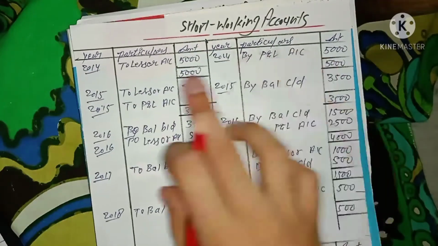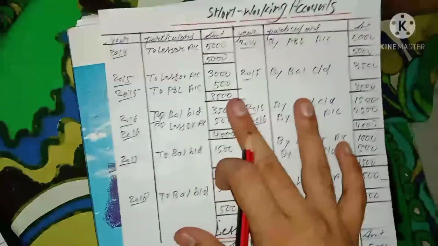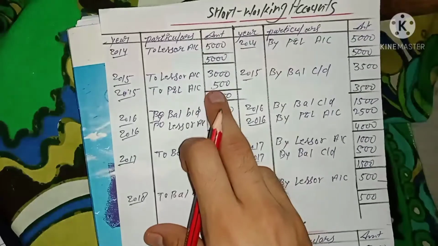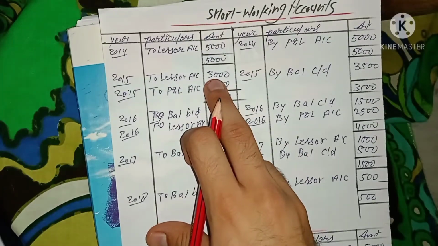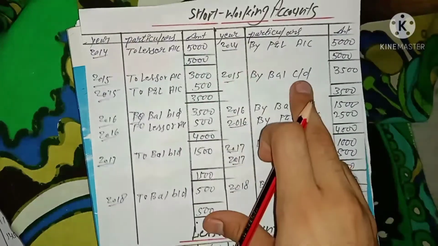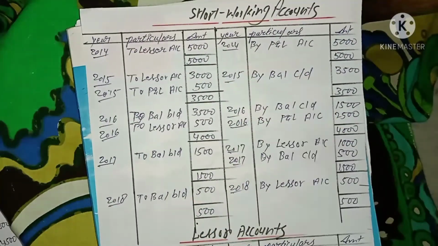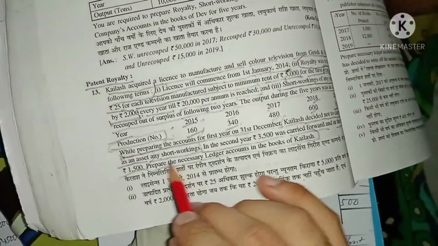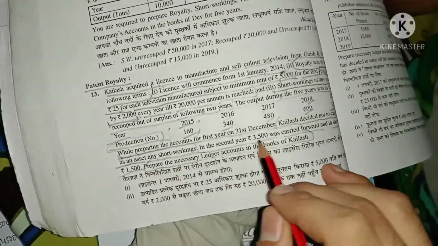Here you can see the accounts have been matched. In the year 2014, whatever short working amount is payable to the lessor, we have simply written down here. And in the next year, 2015, the patentee wanted to carry forward only 3,500 rupees.